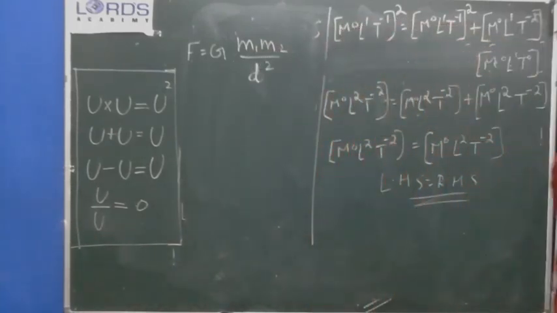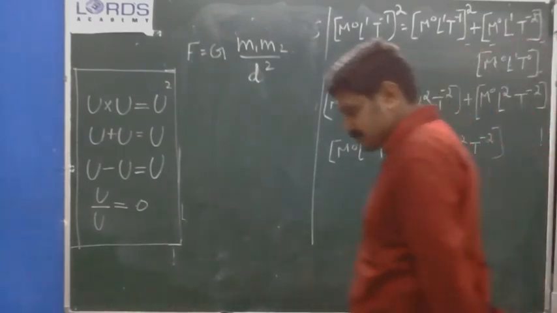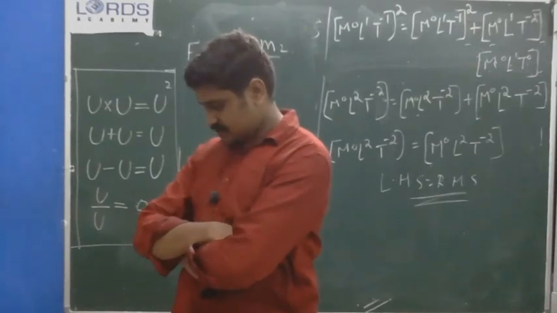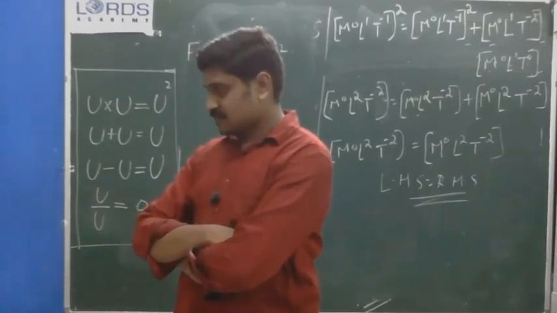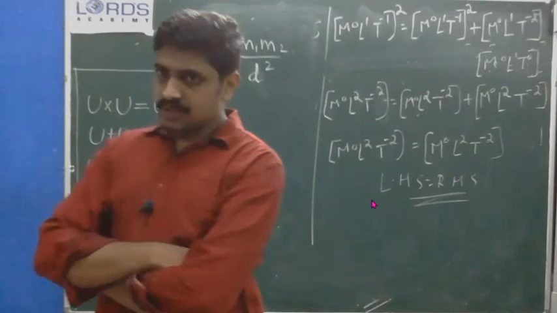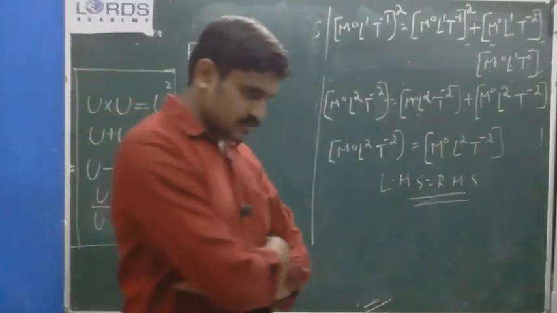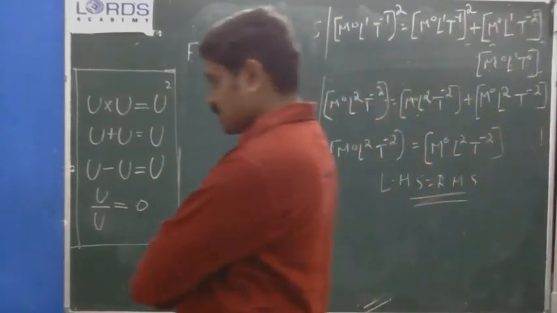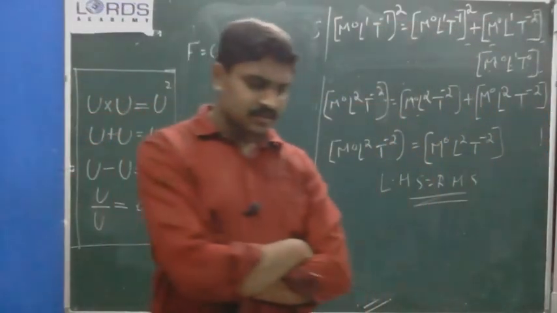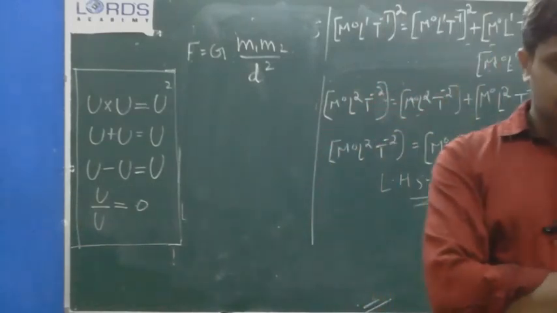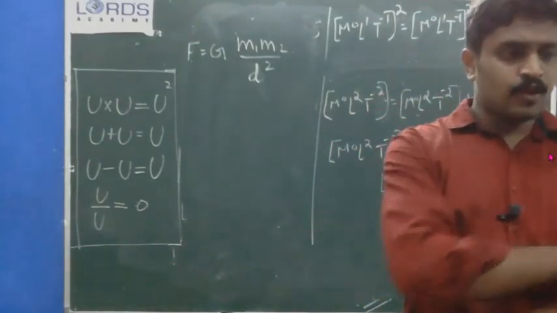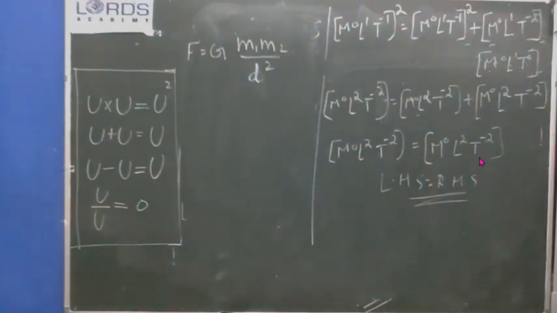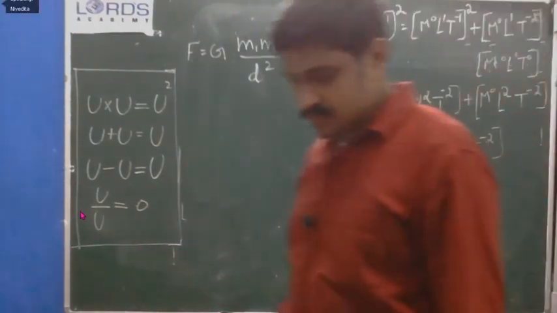Okay, what about this? Nivedita, what do you obtain? Nivedita, are you there? What do you obtain? The final answer: is the equation dimensionally correct or not? I didn't get it.